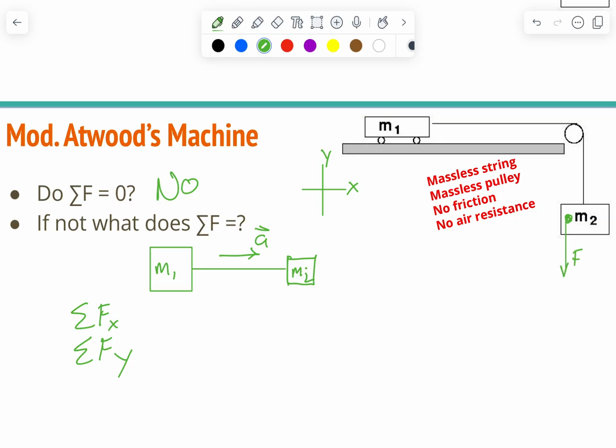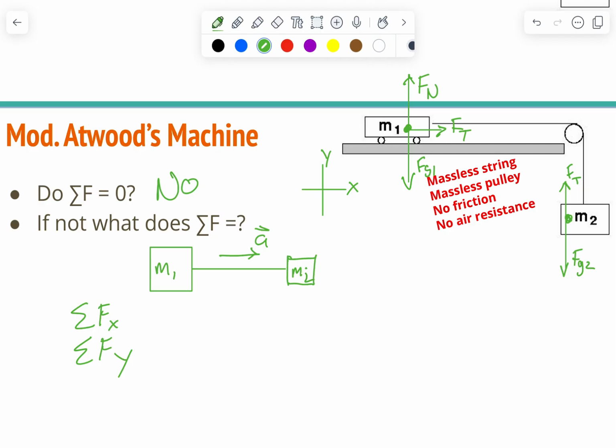So I have Fg2 pulling down. This Fg1 over here is not resisting this Fg2 at all. In fact, it's balanced here with the normal force. And then here I have a force of tension. And then I also have this force of tension here, Ft.